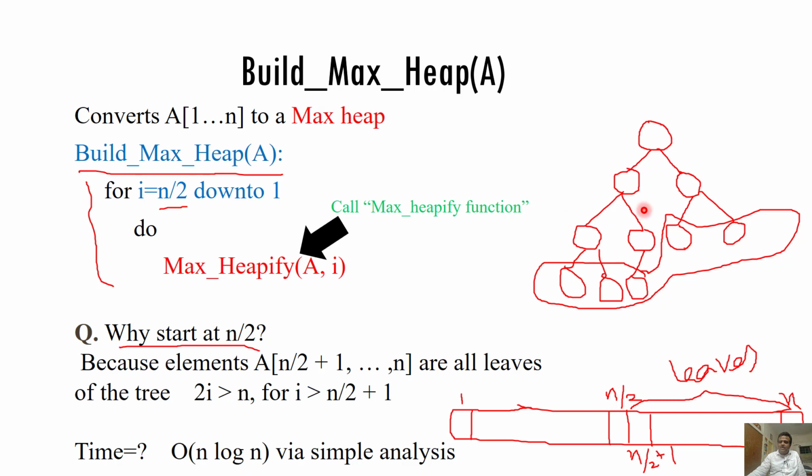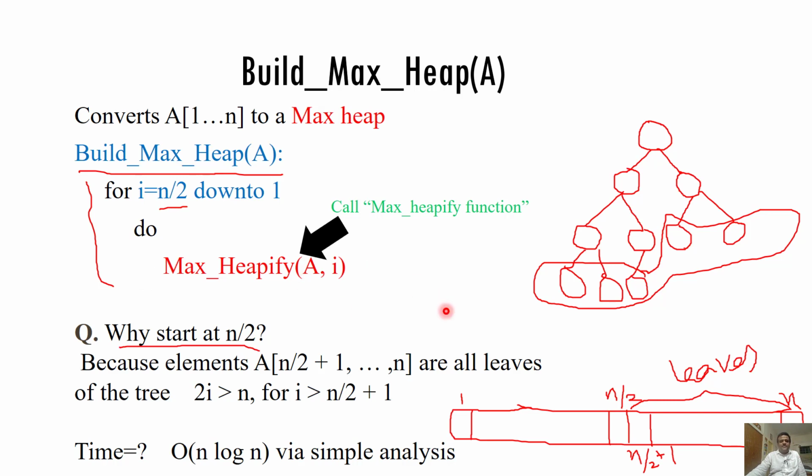Similarly, we keep on doing this, fixing like this, so that we follow the assumption: when we call maxipify at some node, the tree rooted at the left child and the tree rooted at the right child must both be maxip. Only then can we call maxipify at that node, and that is preserved if we go like this. Okay, so this is the code.